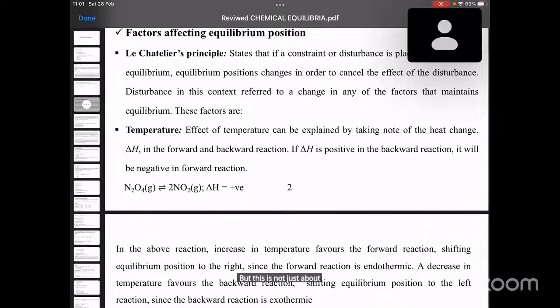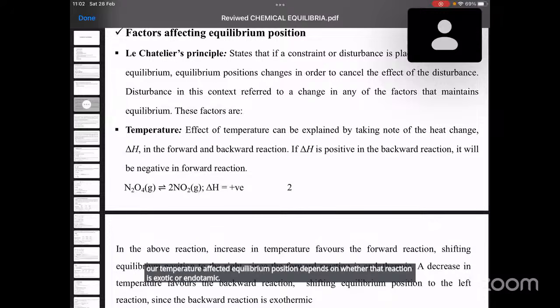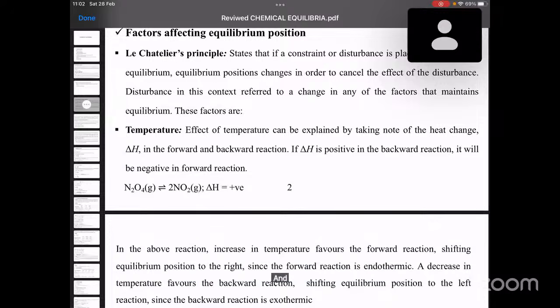You don't just look at reactions as if all reactions are the same. No, they're not the same. How temperature affects equilibrium position depends on whether that reaction is exothermic or endothermic. And again, maybe better put, it depends on which side of the reaction is exothermic or endothermic.